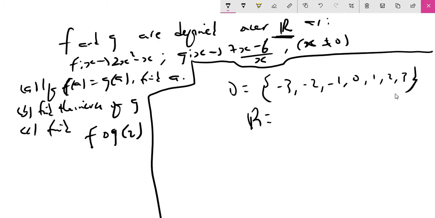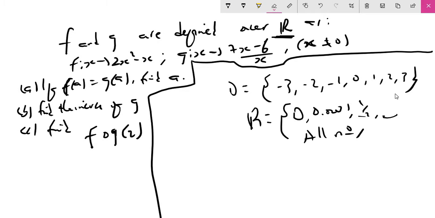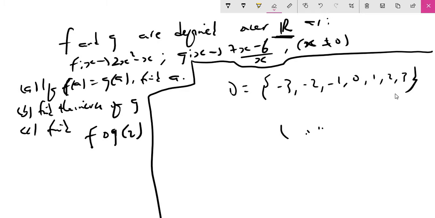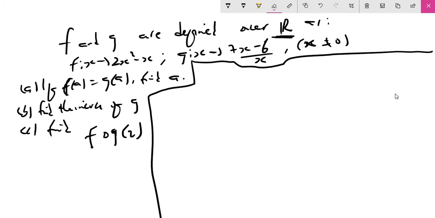So meaning it's 0, 1, 2, 3, and in fact everything in between: 0.1111, all of the fractions in between, 0.0001, 1/2, and so on. Every single number that we know at this point in time. Okay, so that's what they mean by defining the two functions over that particular R.